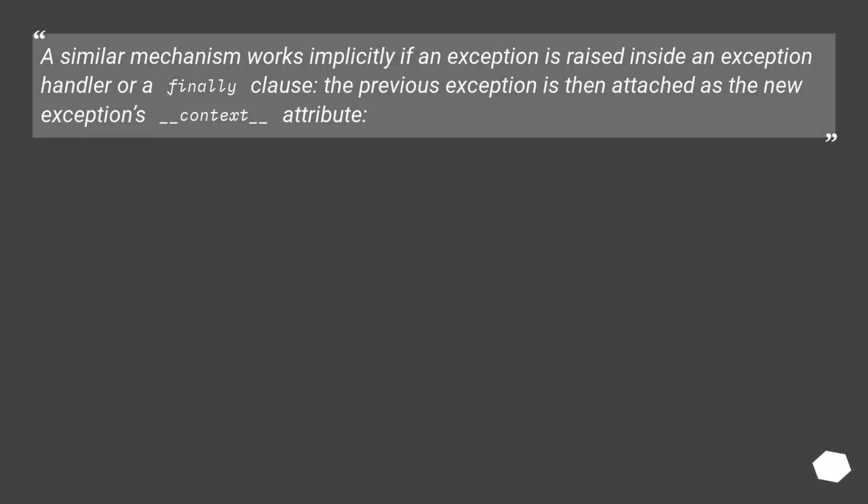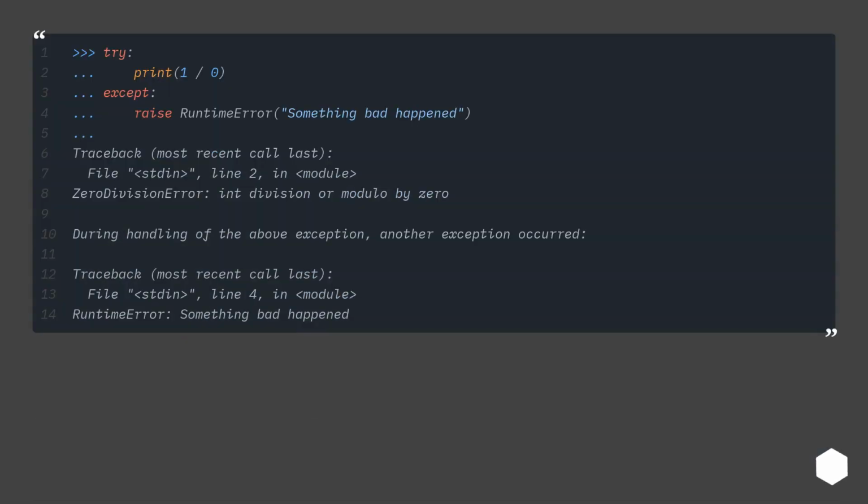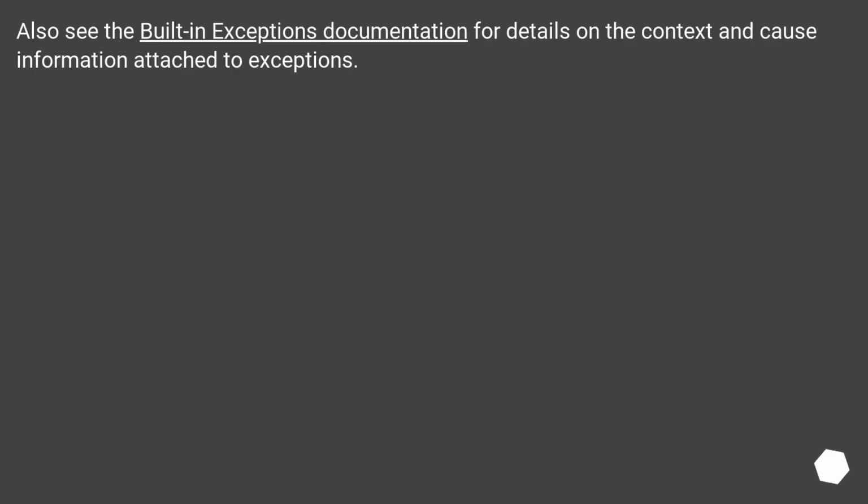The previous exception is then attached as the new exception's __context__ attribute. Also see the built-in exceptions documentation for details on the context and cause information attached to exceptions.